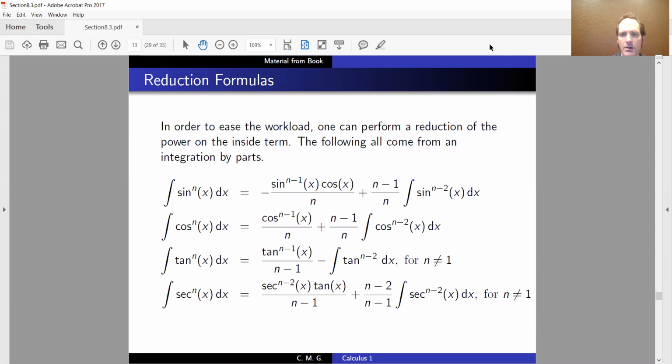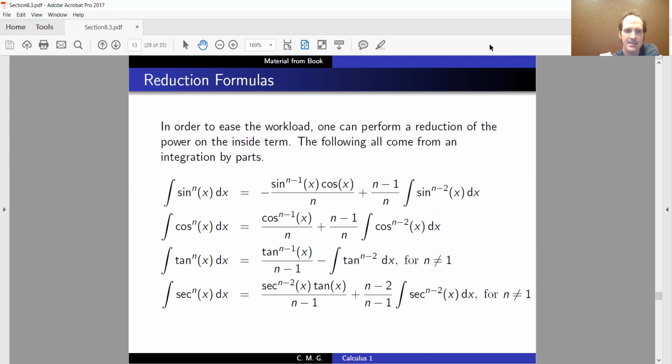So in order to ease the workload for some of these things, in particular the powers of sine, cosine, tangent, and secant, I have reduction formulas. A lot of these reduction formulas come from a straightforward integration by parts. I'm not going to show you that now, but that's how it works out.